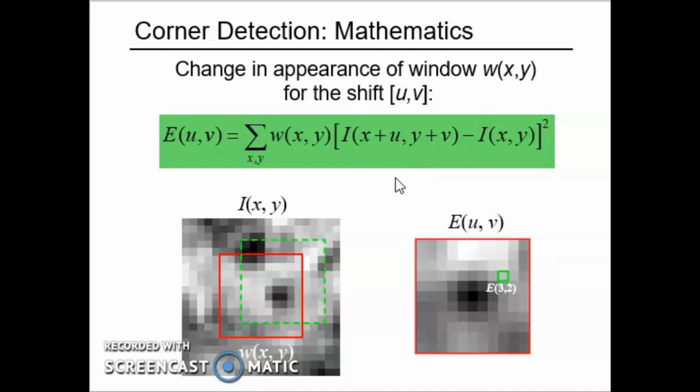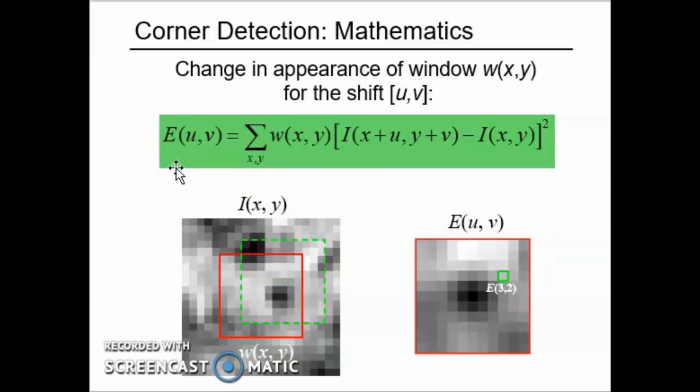So what we are saying is that if we are shifting an image by a factor of uv, u across the horizontal direction and v across the vertical direction, then how do the intensity changes take place in the image? So effectively, we are looking at a very high value of E of uv to find corners.